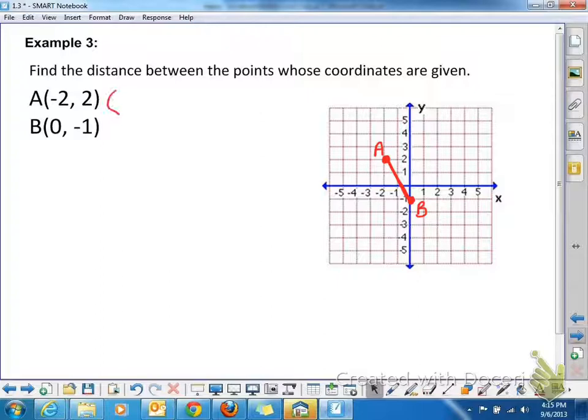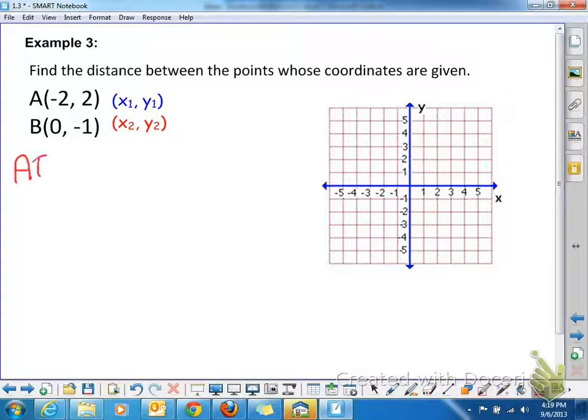I'm going to name point A my x1 and y1. And point B is the x2, y2. Using the distance formula, I can determine the distance between these points on a coordinate plane.